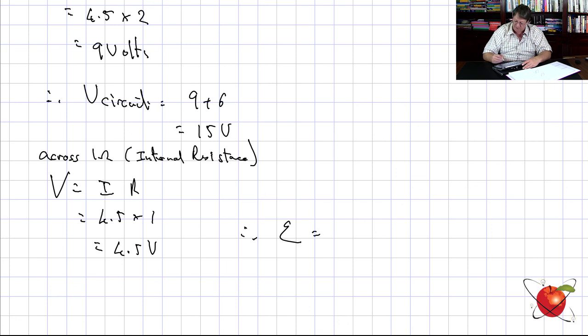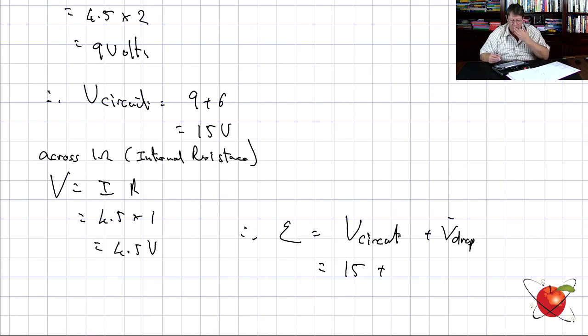Therefore, the EMF of the battery is V circuit plus V across the internal resistance, which is called lost volts, though I like to call it V drop. The voltage in the circuit we said was 15.